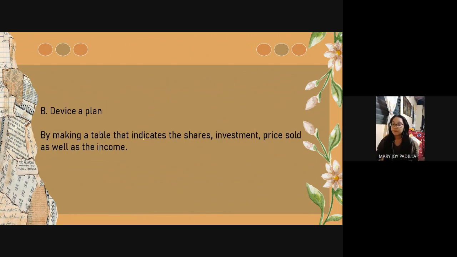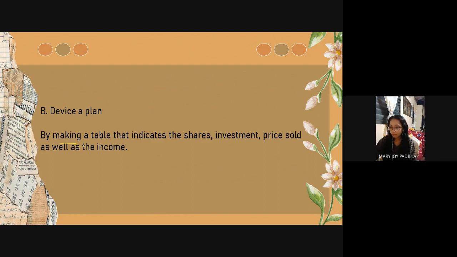So, nagpo-proceed naman tayo sa devise a plan by making a table that indicates the shares, investment, price sold, as well as the income. So, we can easily identify the amount earned by making a table.